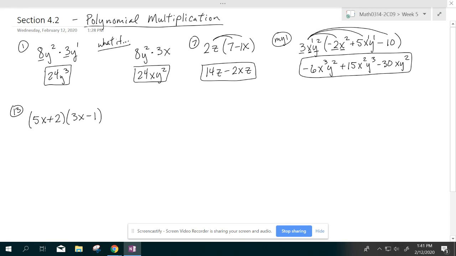That's the FOIL. Remember, when they're both bi, you F it up. When they're both binomial, you FOIL it. Have we done the FOIL method in here before? On some problems? Okay, so this might be review then.